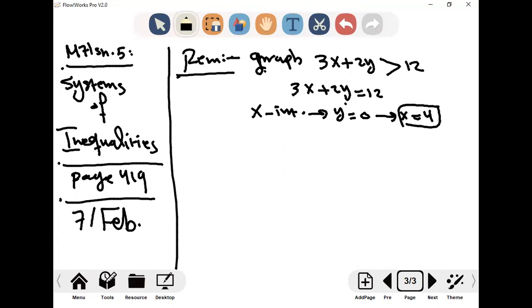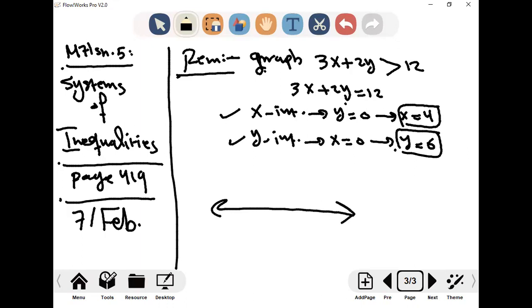Now, to find y-intercept, we put x equals 0, so 2y equal 12 means y will be 6. Then after we find the intercepts, we can graph. We plot these two intercepts, 4 and 6.